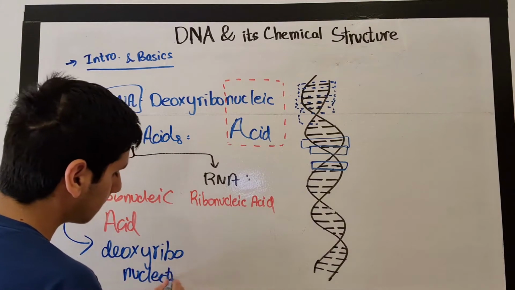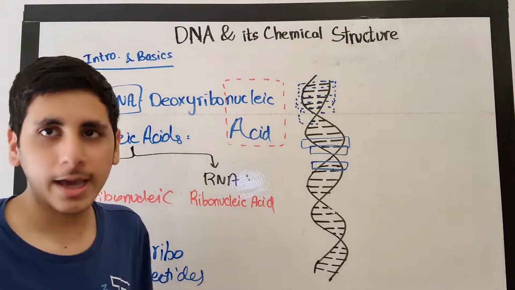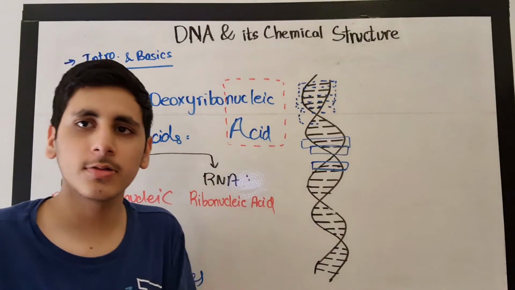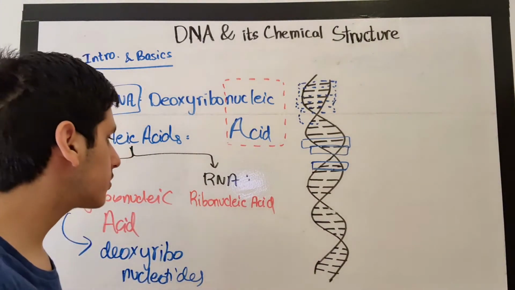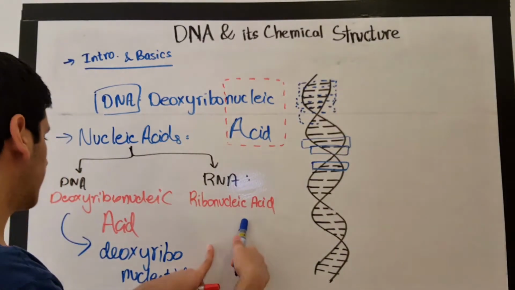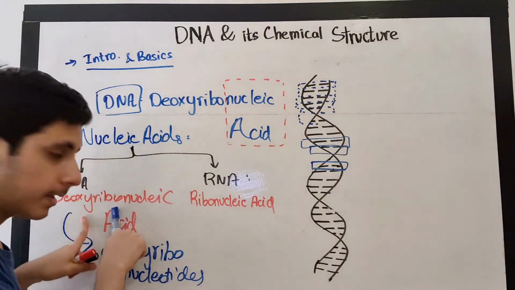deoxyribonucleotides. To be more specific, because when I say nucleotide, you might be confused: am I referring to the nucleotides that make up this nucleic acid, or the nucleotides that make up that nucleic acid?